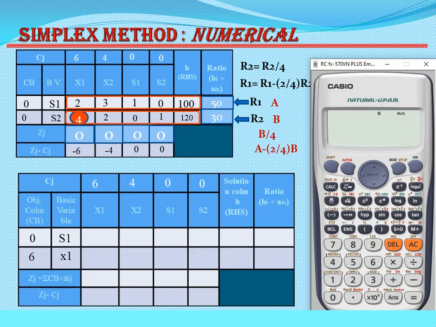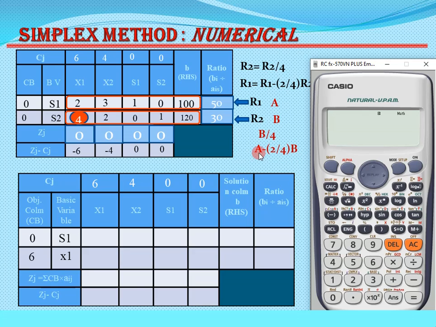Now in this calculator we are going to define these two row transformations. First we write for row 1: R1 minus 2/4 into R2, so in the calculator we define it as A - 2/4 B.